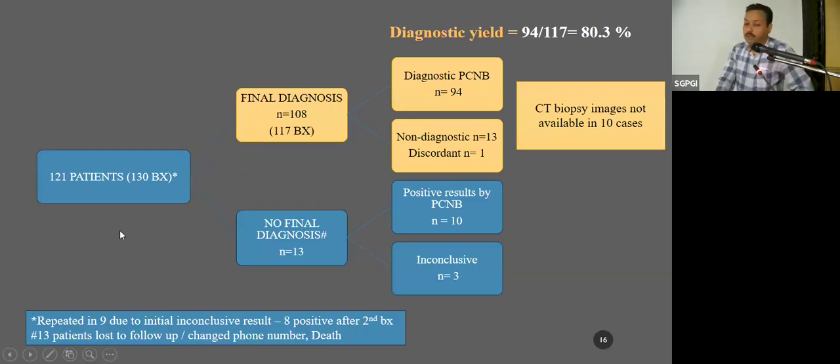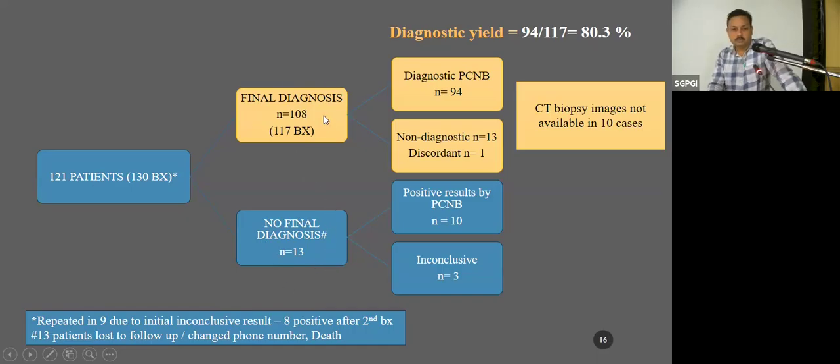In this slide, we will see that out of these 121 patients, we had a final diagnosis in 108 patients. In 13 patients, the final diagnosis was not available because details were not available, and we could not contact these patients.